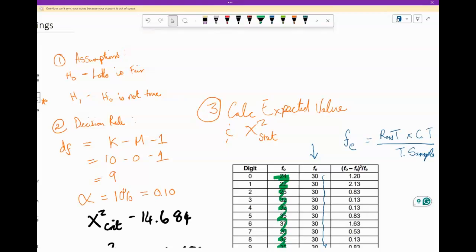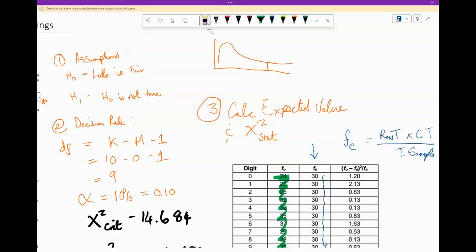So let me show you. With your chi distribution, it's not like your normal distribution. Normal distribution, we know we've got a bell-shaped curve. With your chi, it is skewed to the right. So your distribution typically would be something like this. With this criteria, it's the point where we reject.